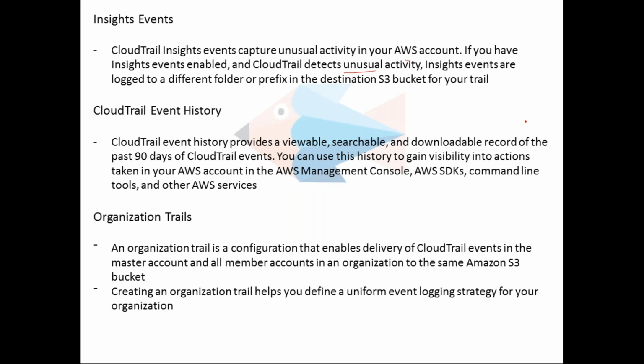So you have created an S3 bucket to store the logs. So you have management events as well as data events. You can also enable insight events, where it will log the unusual activity for your account, but it will create the logs in a separate prefix. So you can actually easily find it.